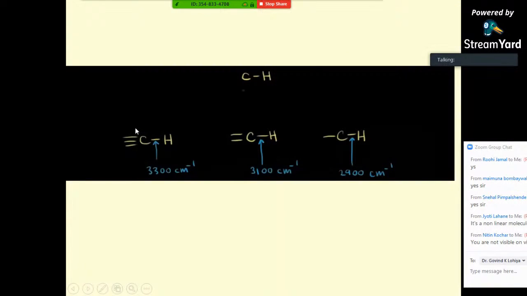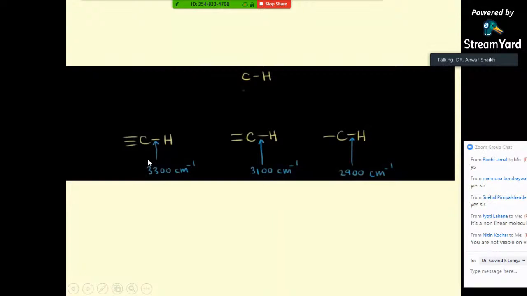As the 50% s character is there, the bond cloud is shifted toward the center of the overlapping, and this bond becomes a little bit stronger if it is connected to the sp hybridized carbon. So the stronger the bond, the more the force constant, and higher will be the frequency.